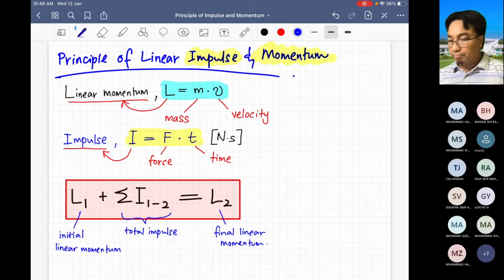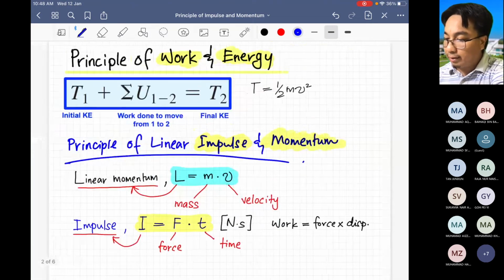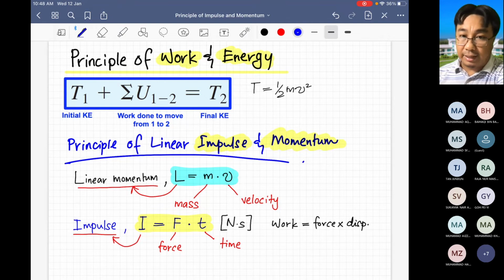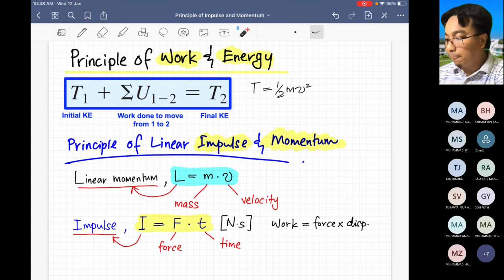Okay. So far, do you have any question? You have any question about this? I am just trying to show you that the principle of work and energy is almost similar to the principle of linear impulse and momentum that we are learning now. So basically for work and energy, you have to calculate kinetic energy T1 and T2, whose formula is 1/2 mv square, and you have to calculate the work done.